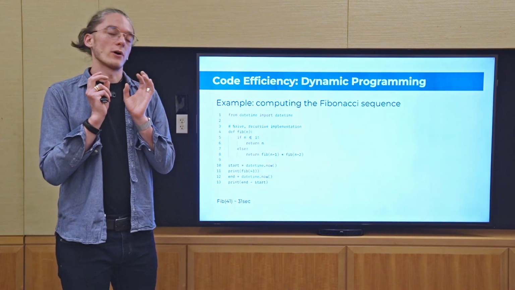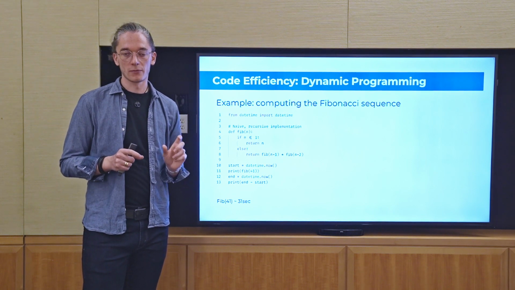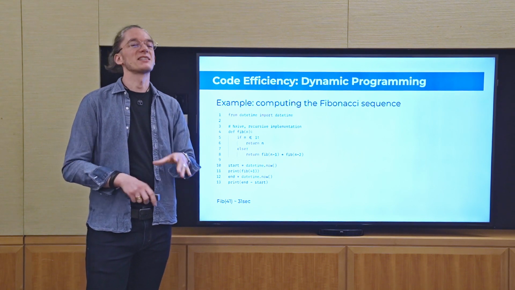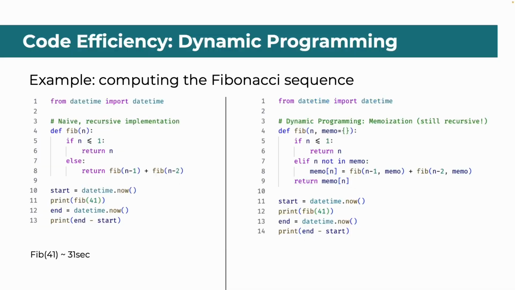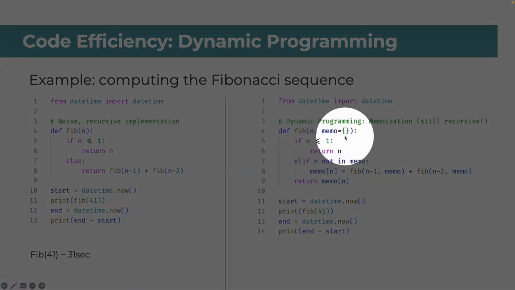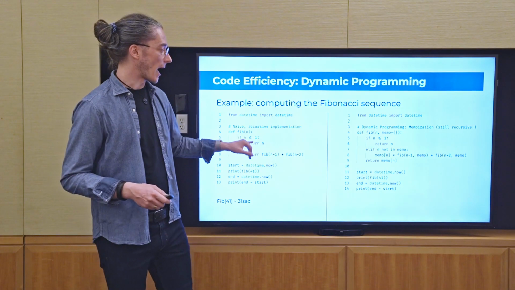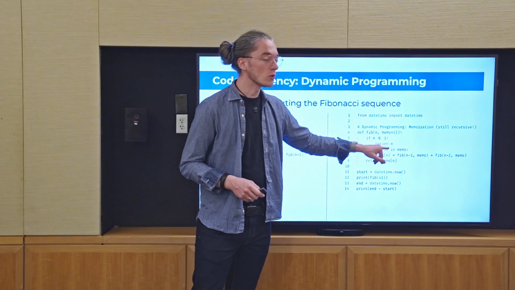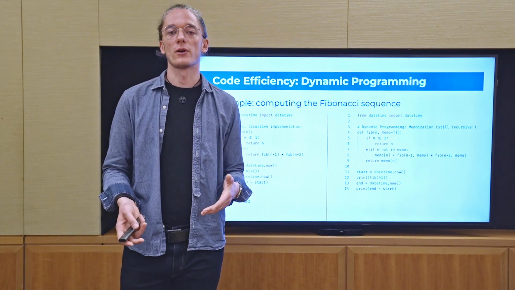Let's introduce a very small addition to this program, still recursion based, that makes it incredibly much faster. Here, in this version, we now introduce a little memory. This memory stores all the results that we have computed previously, because if you think about how you compute these numbers, you have to recalculate the same numbers over and over again.